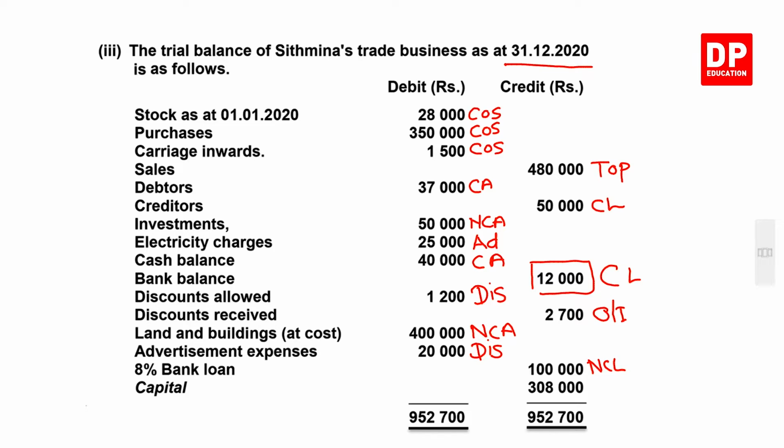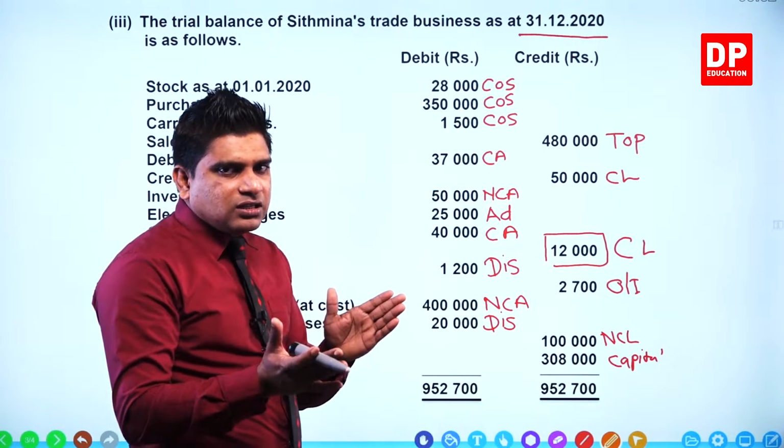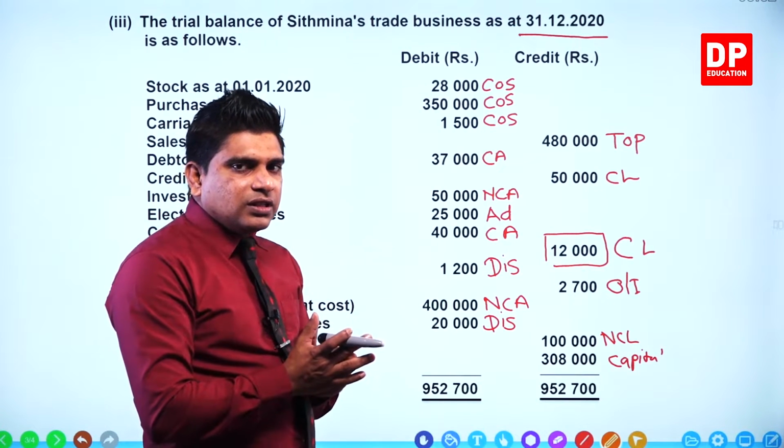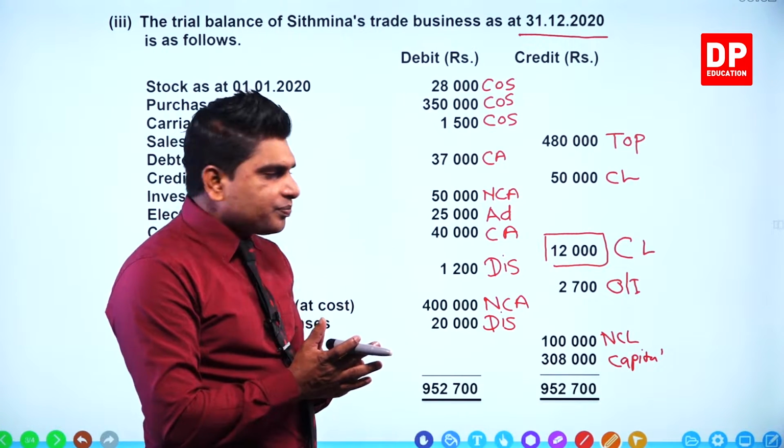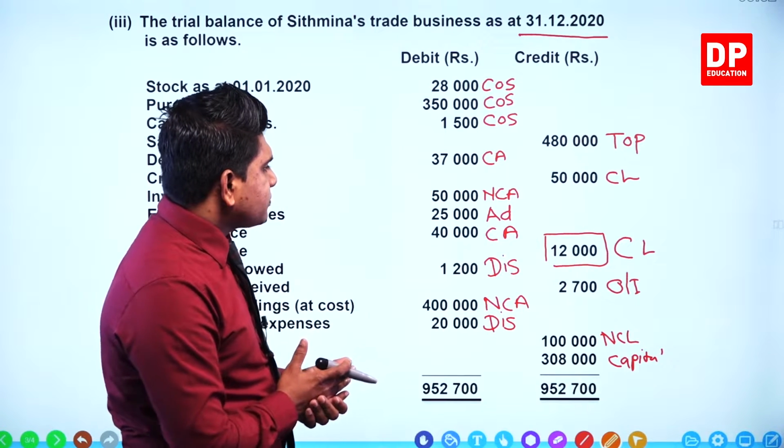Last one is capital. Capital is capital. We write it after recording the non-current and current assets, we start the liability side with the capital balance, right? These are the details.